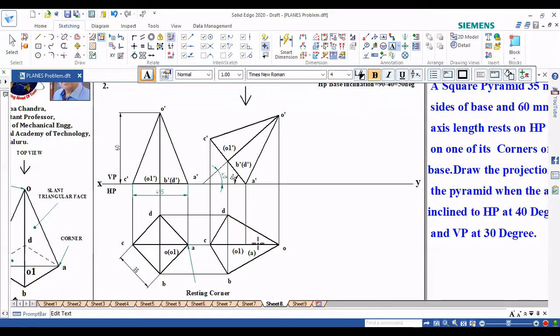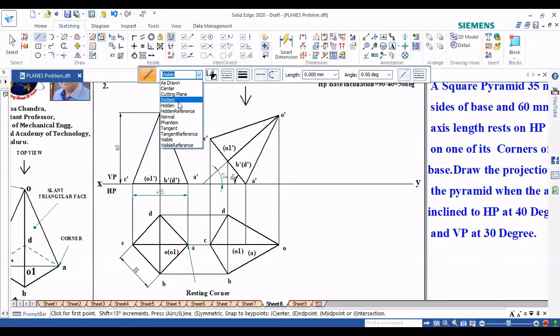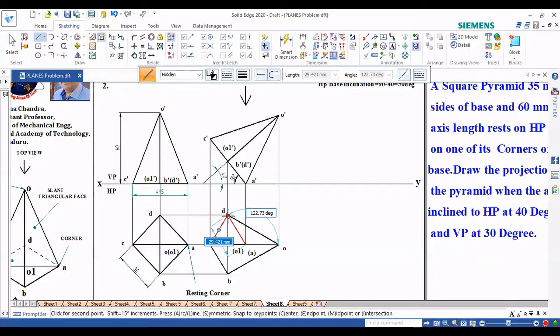It should be visible itself, but actually it was not visible. And one more thing, AB and AD are completely at the bottom portion and not visible, so we need to show them with hidden lines. So select hidden line and mark AD and AB.